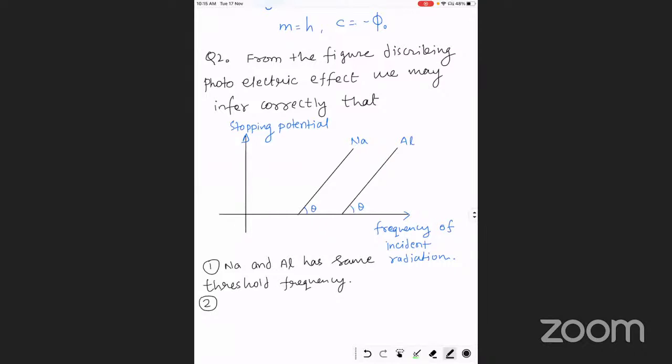Second is maximum kinetic energy for both metals depends linearly on frequency.